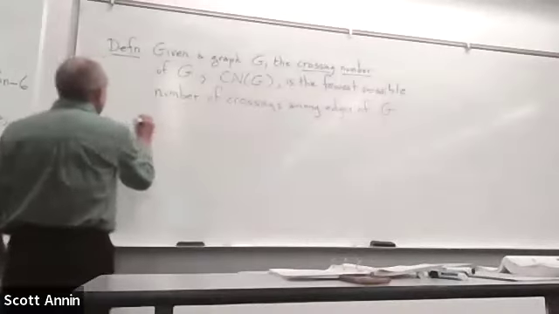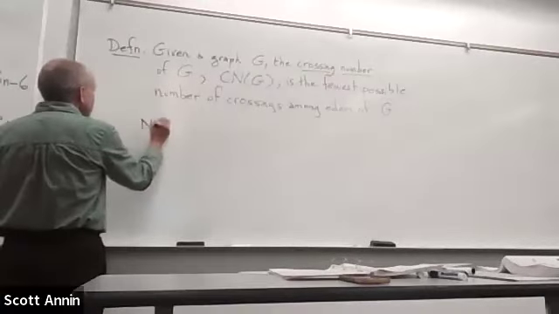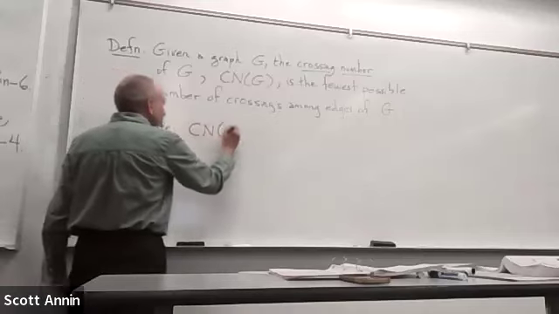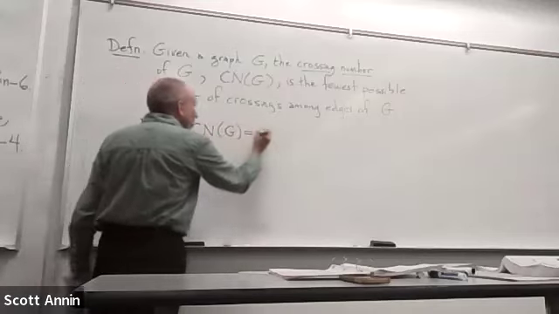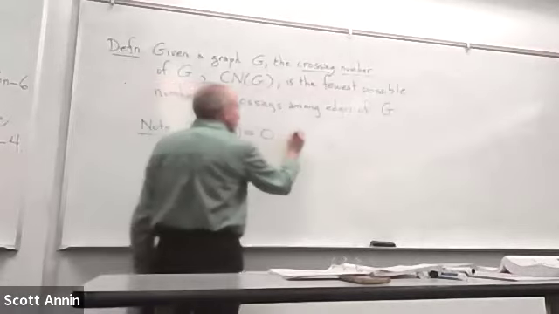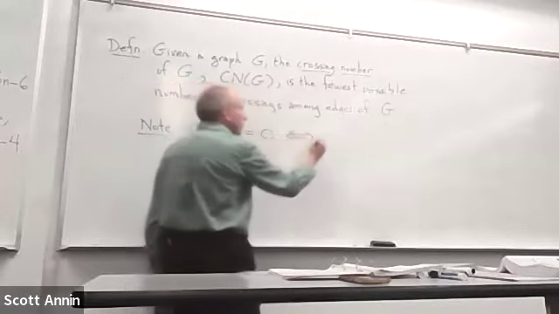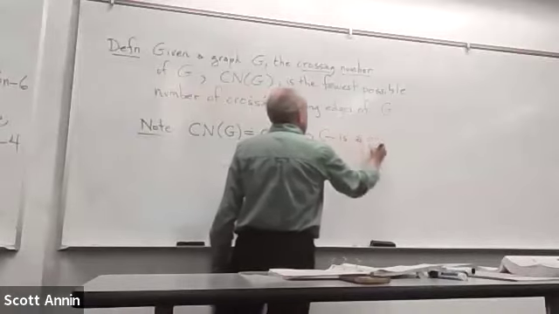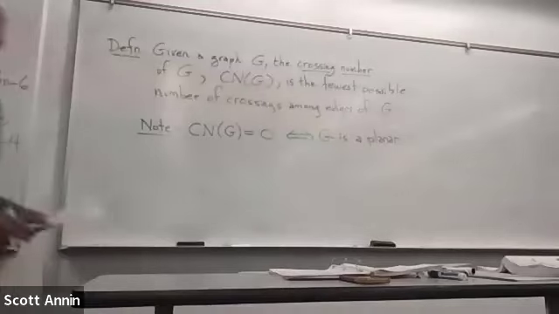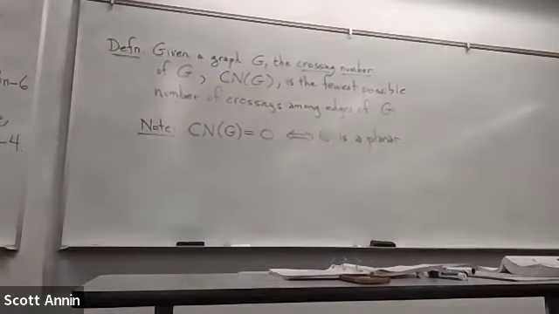The crossing number of a graph would be 0 meaning you're drawing it with no crossing edges at all. That's literally what it means for G to be planar. So if G is planar, then the crossing number is going to be 0.